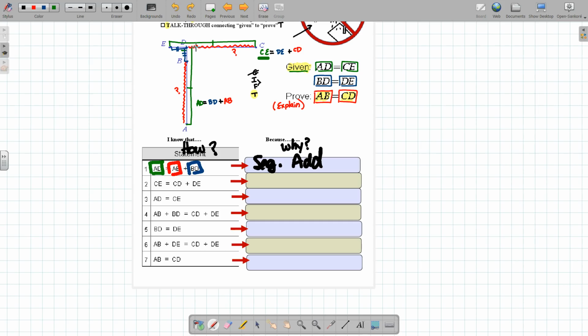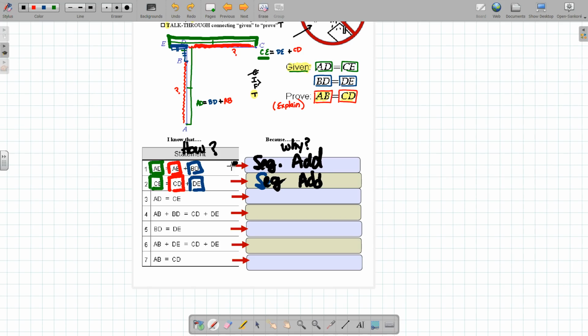Let's see. Oh, CE, that's this here, that's also green, is made up of C to D, which is the red, plus DE. Little segments add up to big segments. Why do we know that? That is called segment addition.